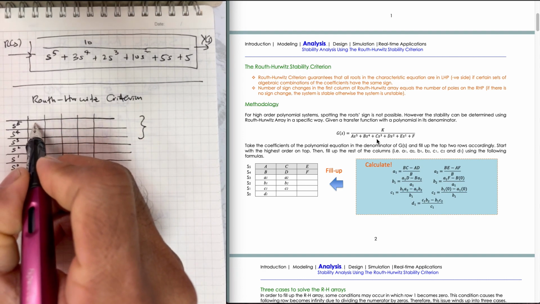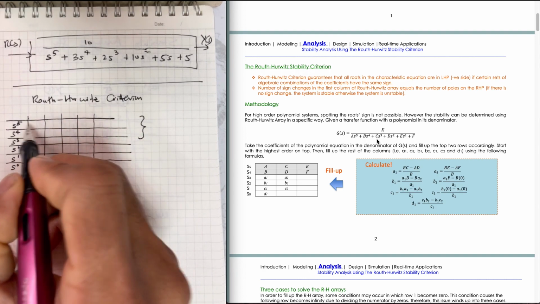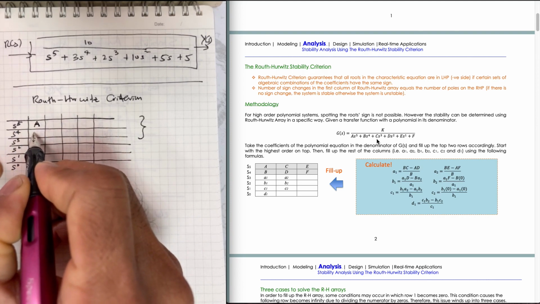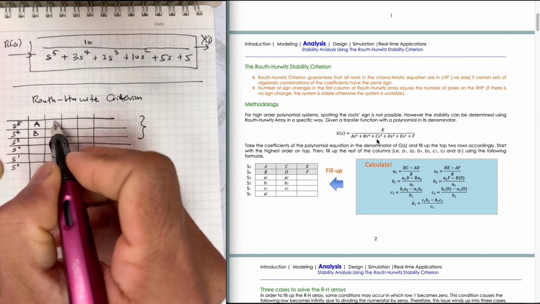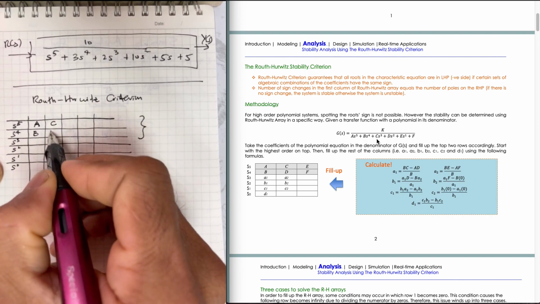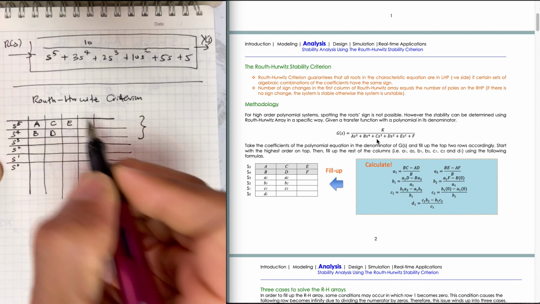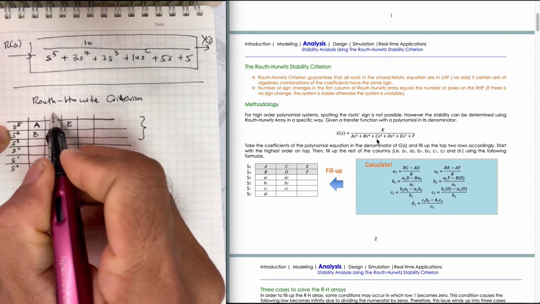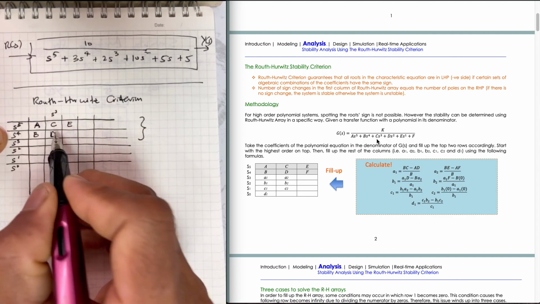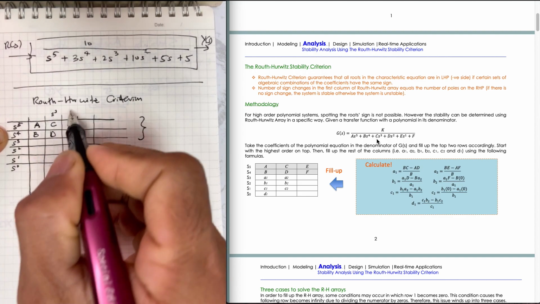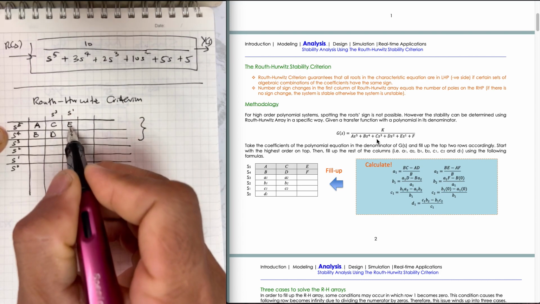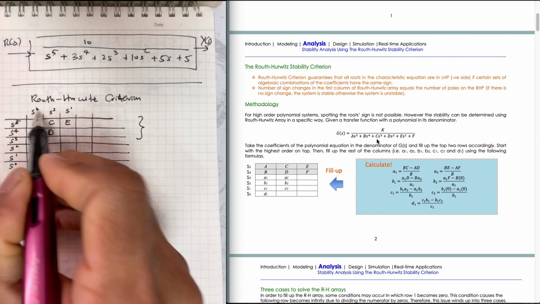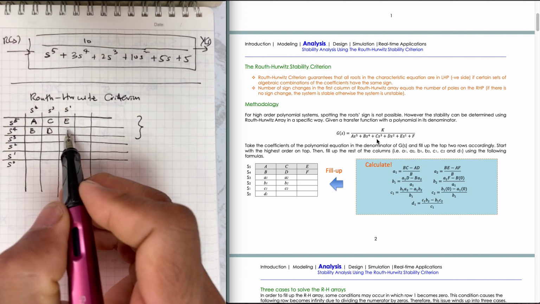The coefficient of s to the power of 5 is A, and then B. Then shift to the next ones: C, D, and E. This is s to the power of 3, s squared, s to the power of 1, s to the power of 0. So the pattern is 5, 3, 1, 0.